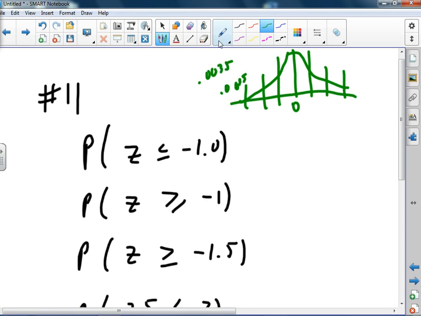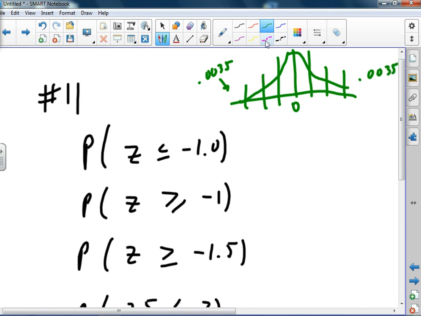That's outside because I have 99.7 between there and there. So half of what's left over has to be in those spots.